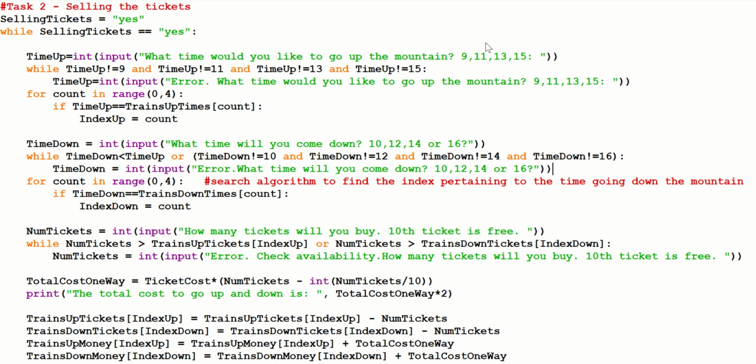So if the integer 9 was input, but it said while time up not equal to 9 or time up not equal to 11, it would equal 9, but it would not equal 11. So that's why it is written and, not or, because or would mean if it's not equal to any one of these, it doesn't have to be equal to all of them.